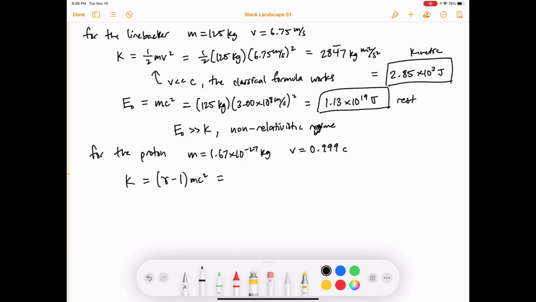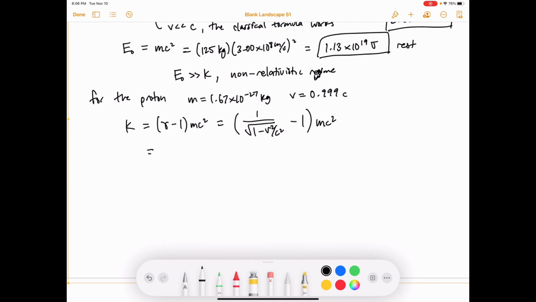So K is equal to gamma, which is 1 over the square root of 1 minus v squared over c squared, minus 1, times mc squared. Okay, so let's plug in what we know.